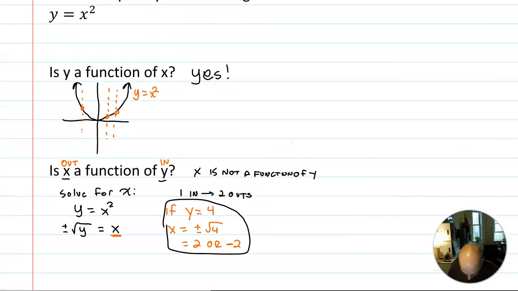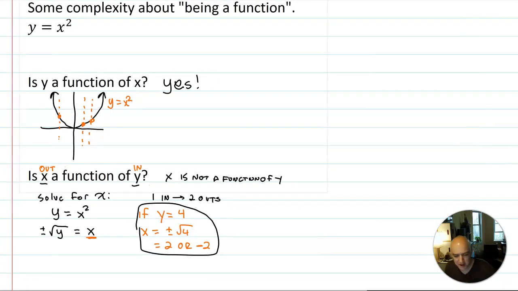So I put this in here because often we'll say, this is a function. But it's really more complicated than that because it's more about what variables are the ins and what variables are the outs. And it's important to specify what you mean. Even if 99% of the time x is in and y is out, we still say y is a function of x because it's not always the case that that's true.